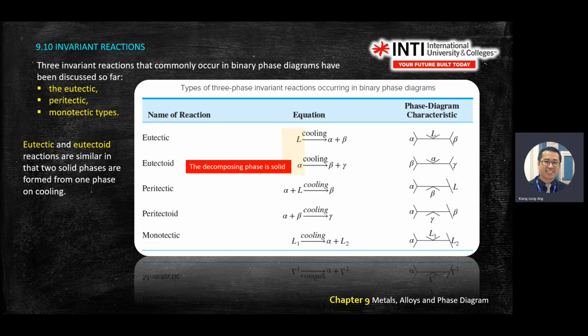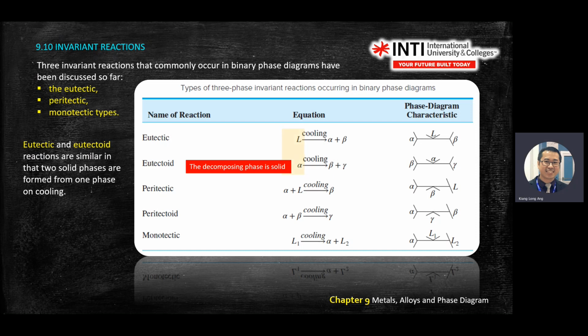Eutectic and eutectoid reactions are similar in that two solid phases are formed from one phase on cooling. So you can see here, eutectic and eutectoid, the products we have are two. Eutectic is alpha and beta, but eutectoid is also two products, beta and gamma. Right?